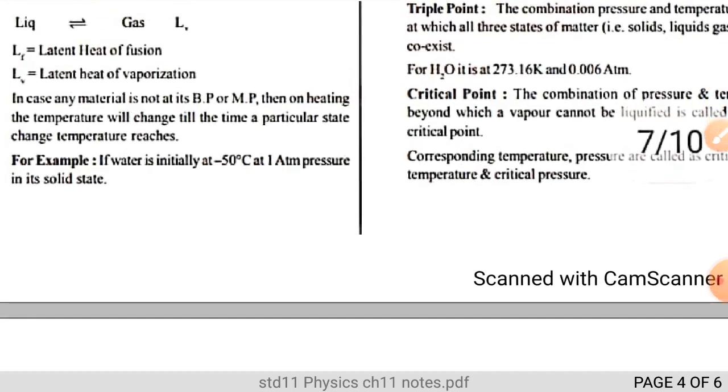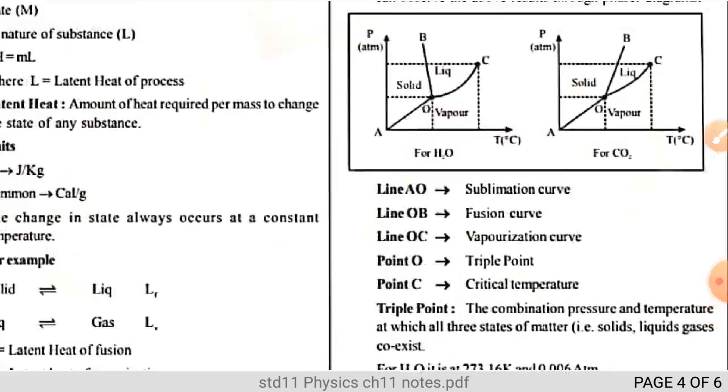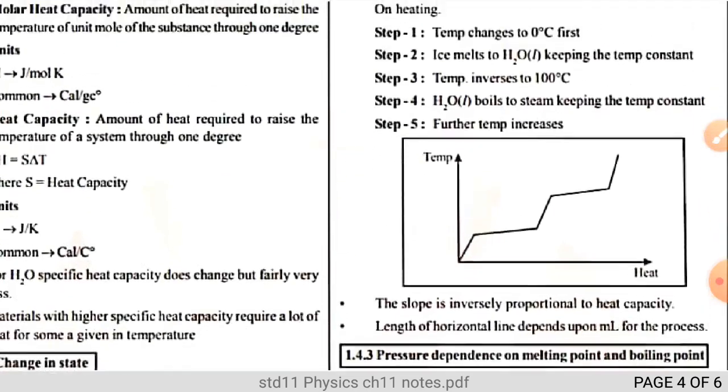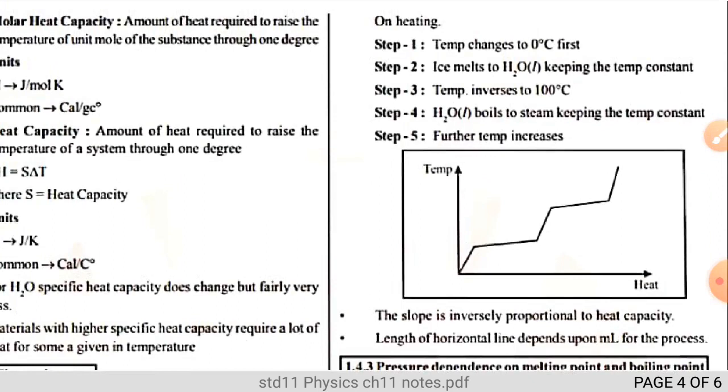So see, if we are talking about water at 1 atmospheric pressure, and we are increasing step by step, the temperature first changes from minus 50 degrees Celsius to 0 degrees Celsius, but there is no change in state, right? Step 2, ice melts to H2O liquid, keeping the temperature constant, meaning at 0 degrees Celsius.